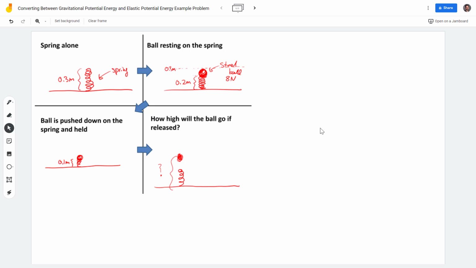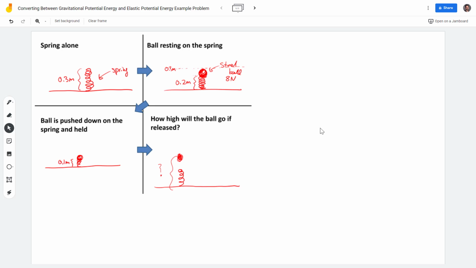We're going to look at each frame of this little example. If we have the spring alone, a vertical spring, and it's at rest, it is 0.3 meters long. Now, if you take a steel ball and you put it onto the spring, it compresses so that now it is only 0.2 meters long.